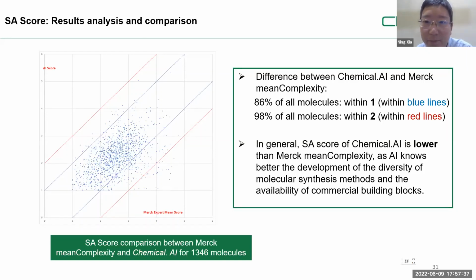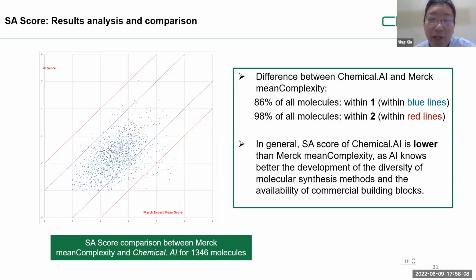And we checked them, why there is a big difference between ChemAIRS and the human. And we found mainly because chemists do not know a building block exists, and from this building block, we can synthesize a complex structure in 1 or 2 steps. So the human gave a very high complexity score on this molecule, but AI has the route and it tells the synthesis route is quite short, so the score is quite low.